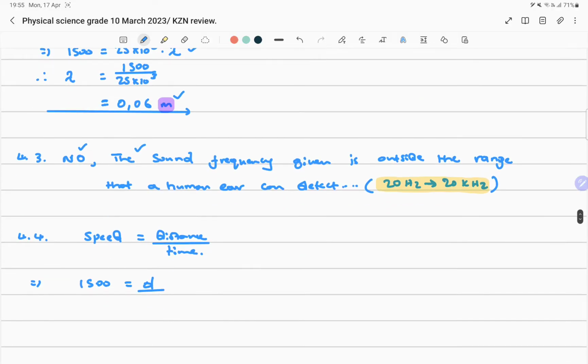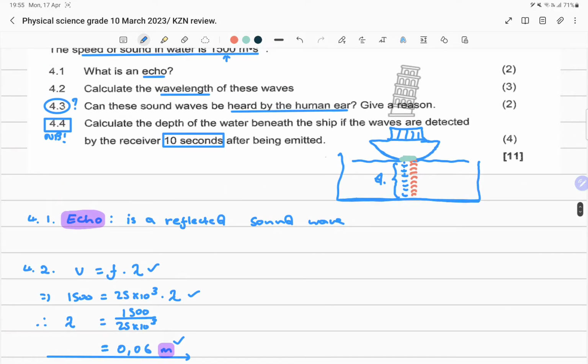But now here's the problem, the time it takes. Remember, we're going to be using time symmetry here. So it says to us, this whole business here, this time business here, it means the time it takes to go down is the same as the time it takes to go up.